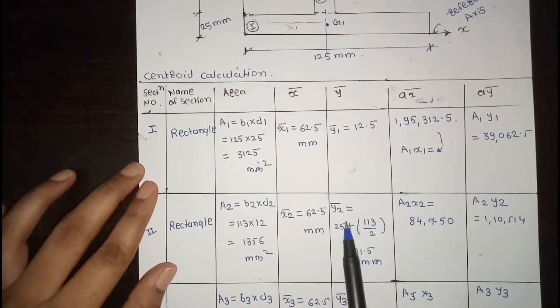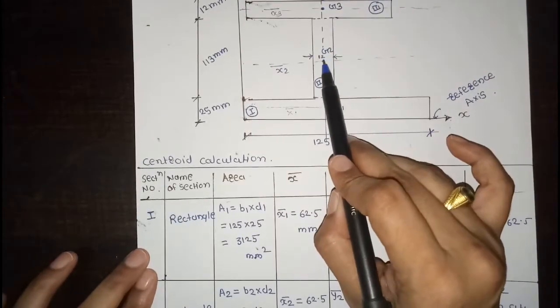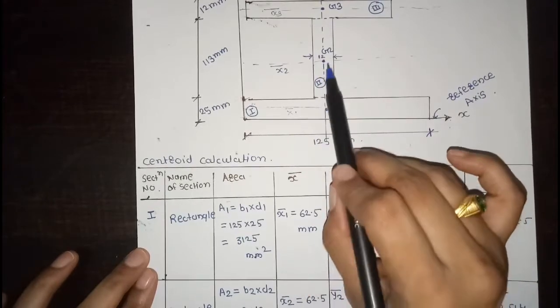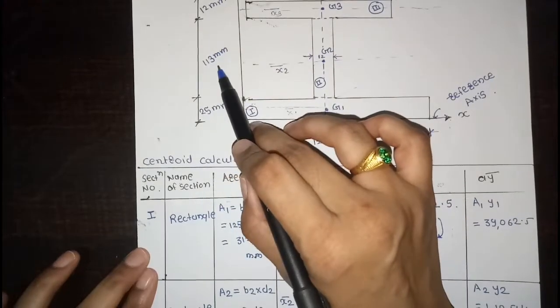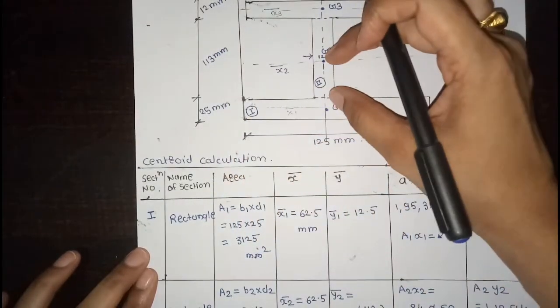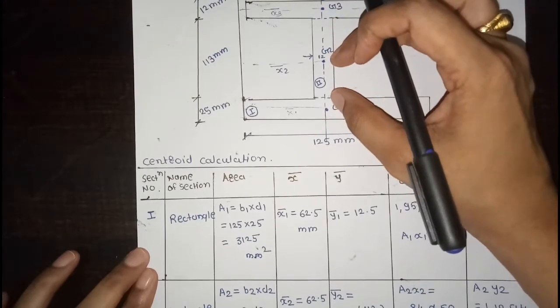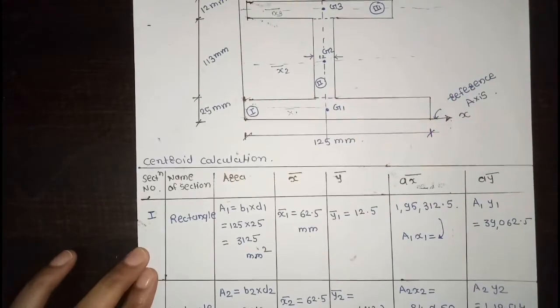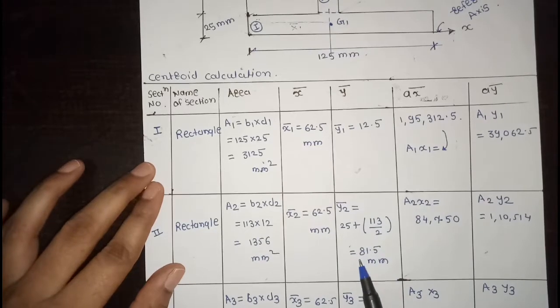Then y2 bar is equal to distance between point G2 to base of x-axis means this distance. So 25 plus 113 divided by 2, this distance, 113 divided by 2, then we get this portion, and 25. So 25 plus 113 divided by 2 is equal to 81.5 mm.